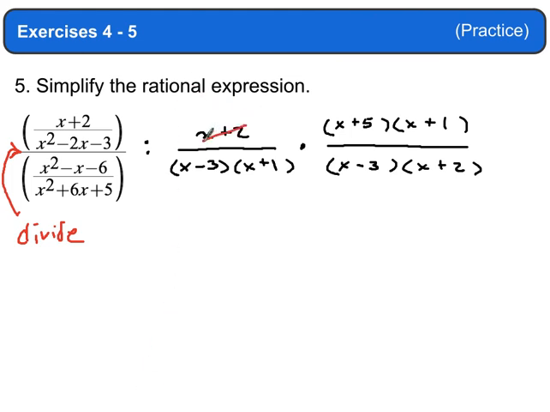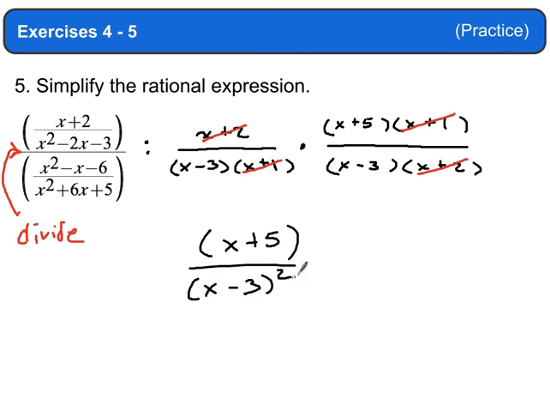This x plus 2 cancels with this x plus 2. This x plus 1 cancels with this x plus 1. And so my final answer is going to be x plus 5 over x minus 3 squared. You could write the x minus 3 twice, or you just write it with a squared on it, and then that's our final answer. So that is the end of lesson 24.